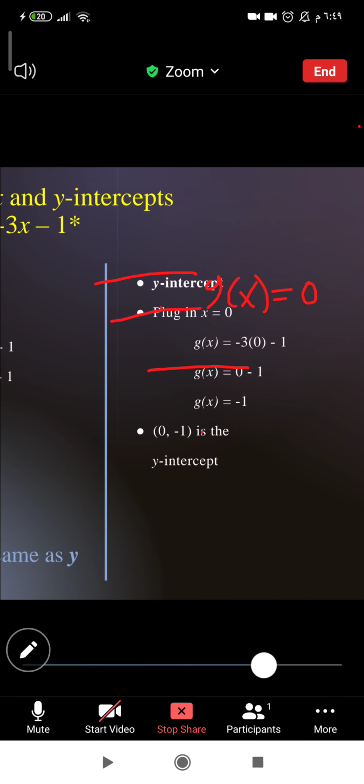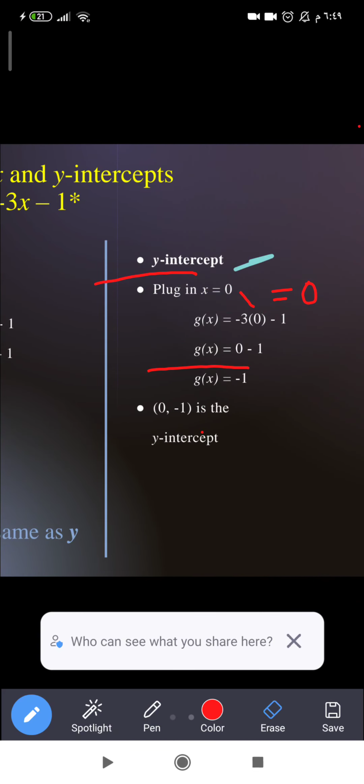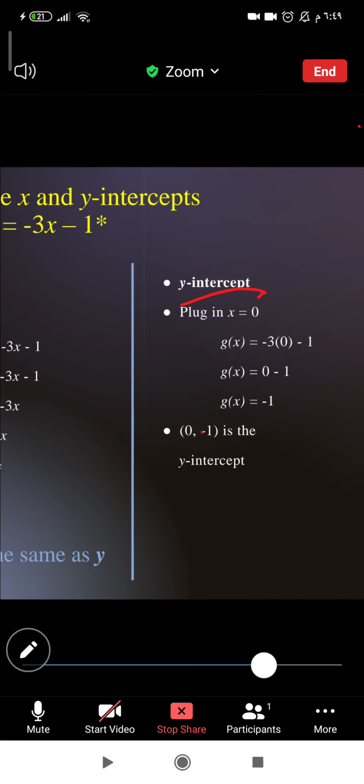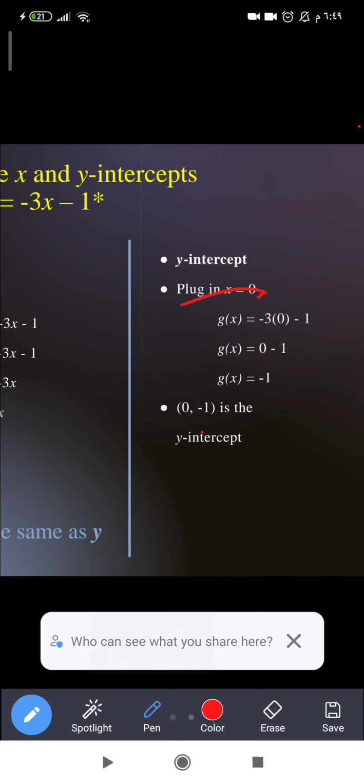The same way in this equation, if you want the y-intercept, I will plug in x equals 0. Okay, x equals 0 now. I will find g(x) or y equals negative 1, and this point is called the y-intercept.